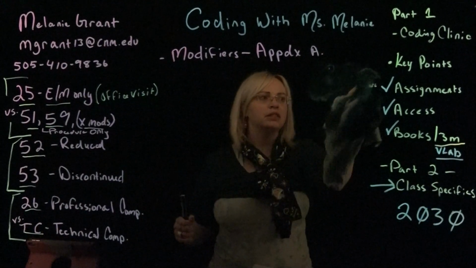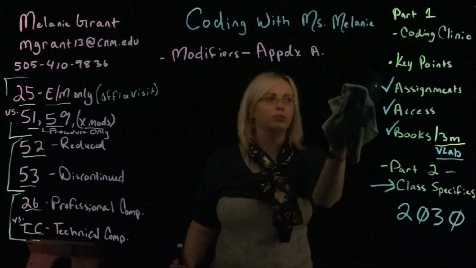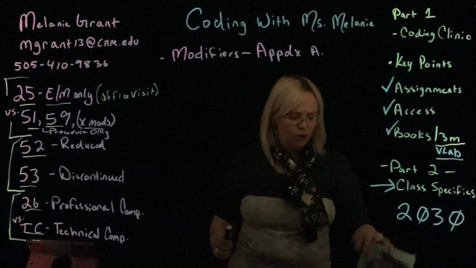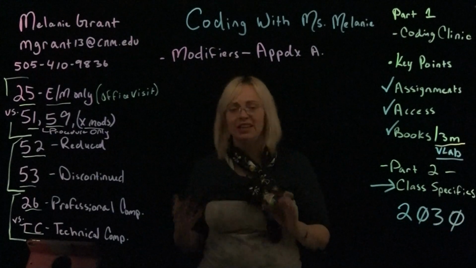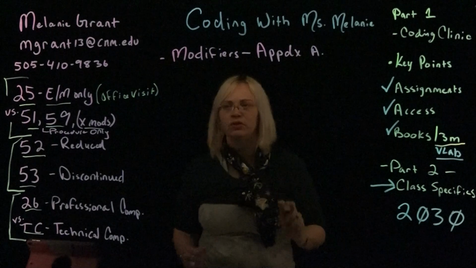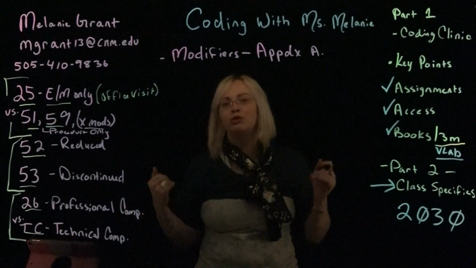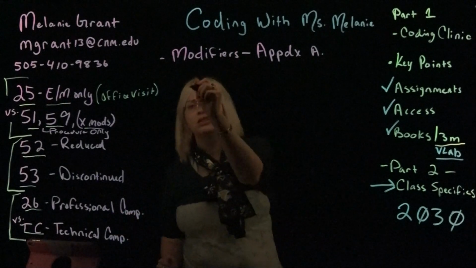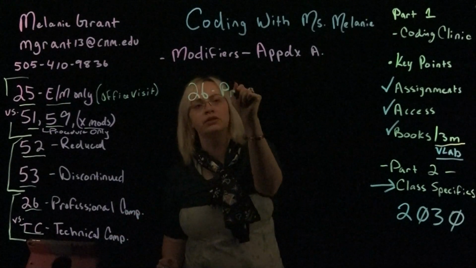A 26 modifier is a modifier appended for professional services, whereas a TC modifier is indicated for technical services. Now, not to be confused with the fact that this is all professional-based billing. So 26 is professional component.